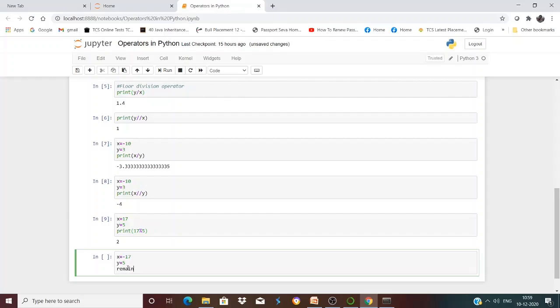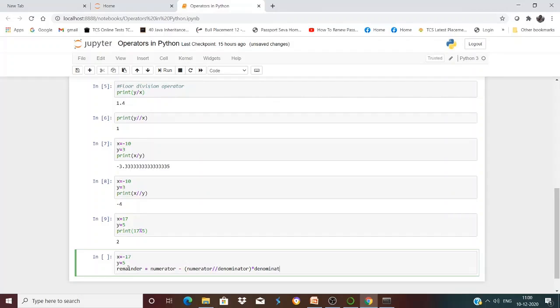Remainder equal to numerator minus numerator floor division denominator, into denominator.